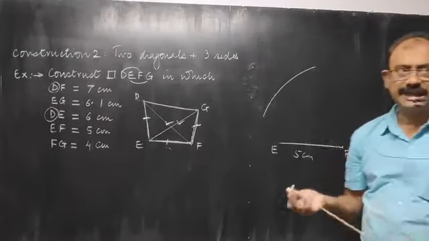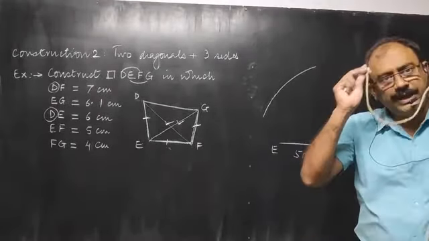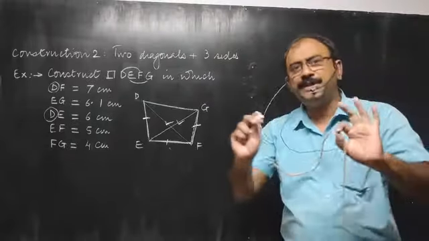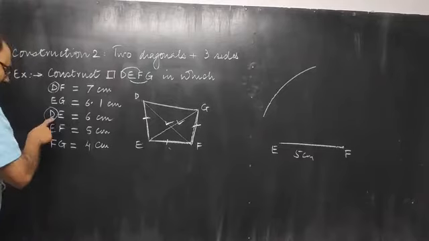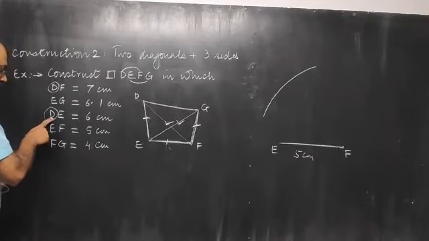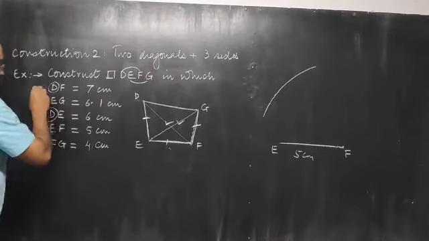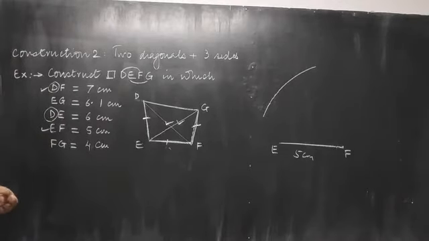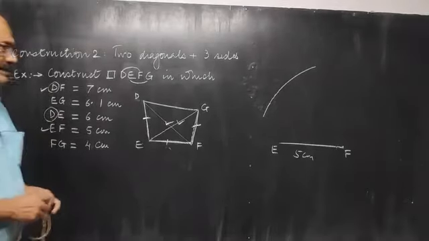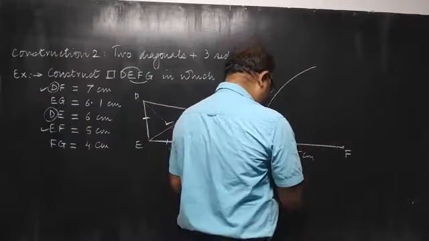The first arc to be drawn must always be longer. Now the second length which I am going to use is DE. DE is 6 centimeters. So I'll take the distance of 6 centimeters. This is 5.